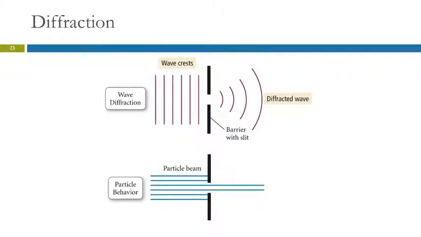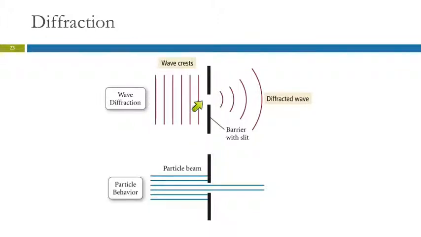So here's an illustration of what we're talking about there. So here we have waves coming at a barrier. The slit here, if the slit is too small or too large, you won't see this. It needs to be about the same size as the wavelength of this light.